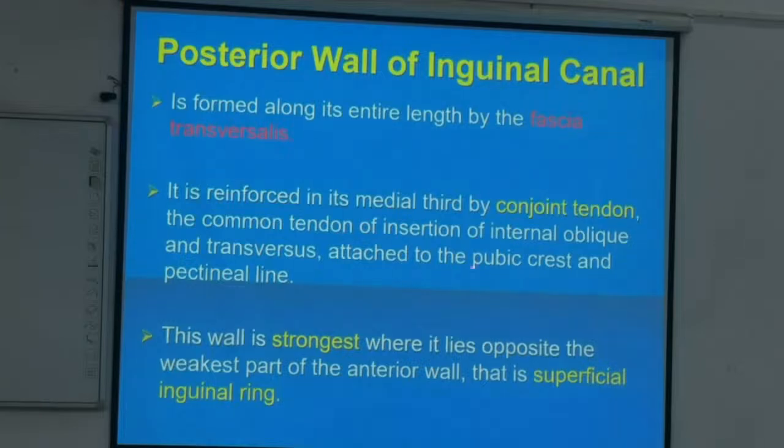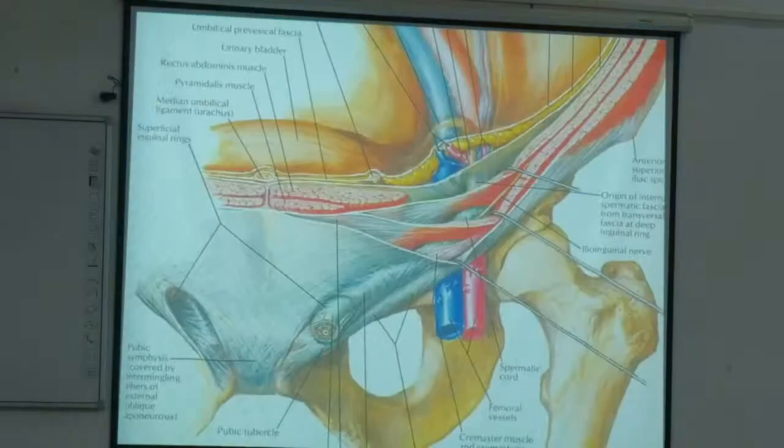It is the common tendon of insertion of the internal oblique and transversus abdominis, attached to the pubic crest and pectineal line. Okay, these two muscles, internal oblique and transversus abdominis, form the conjoint tendon. And this wall is strongest where it lies opposite the weakest part of the anterior wall, and that is the superficial inguinal ring. Okay, next.